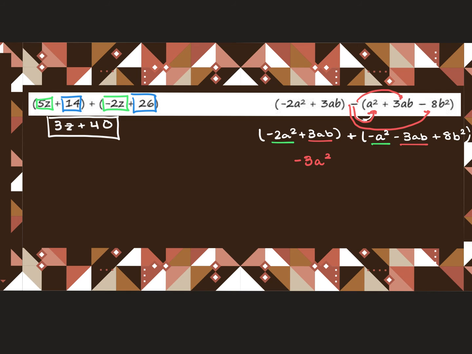And 3ab plus a negative 3ab cancel out. And of course, I have my 8b squared. I cannot combine them because even though they have the same exponent, they do not have the same variable.